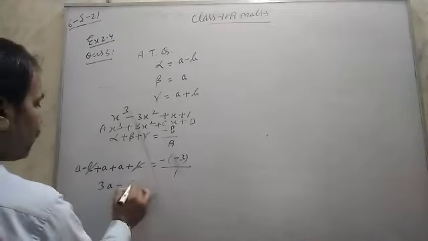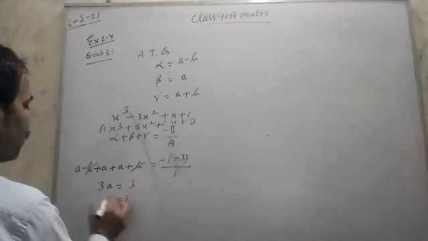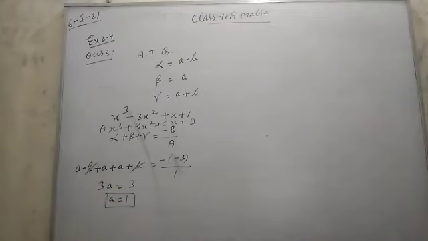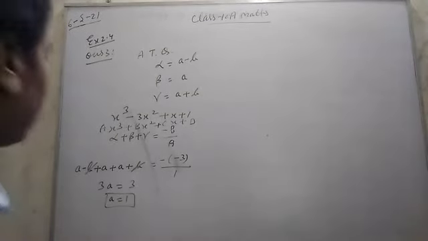So 3a is equal to 3, so a is equal to 3 by 3, that is 1. So a is equal to 1.